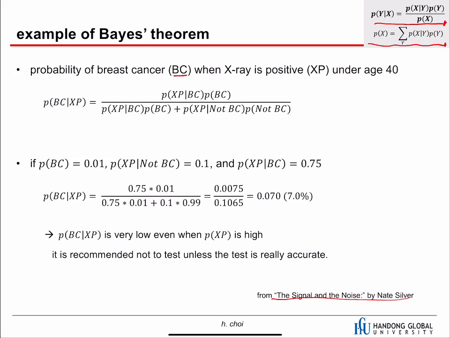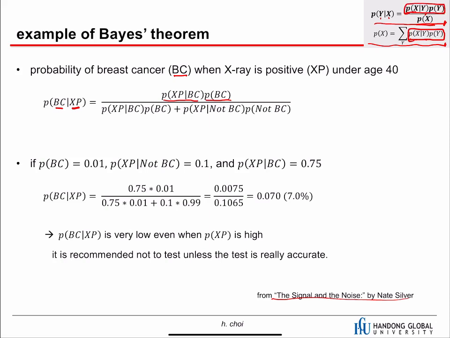Breast cancer BC corresponds to Y, and X-ray positive corresponds to X. So P of X given Y is this one, and P of Y is this one. And then P of X is actually a summation, and this term is exactly the same as this one.